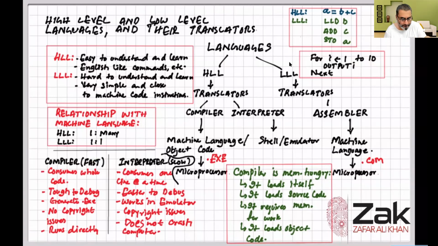And then the differences between compiler and interpreter. Compiler consumes the whole source code. Interpreter consumes one line at a time and executes it. Compiler does not execute the program. Tough to debug. Obviously, when the compiler compiles the program, it is not executing it, so if there are errors, it does not stop.